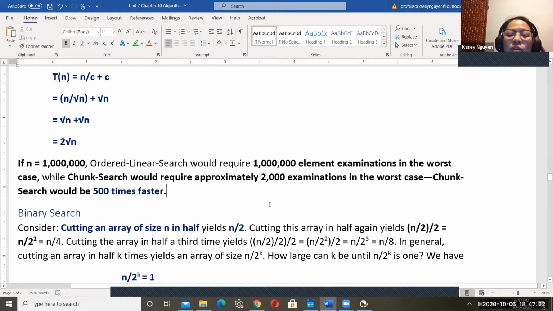If we're talking about 1 nanosecond per examination, we definitely save time going from linear to chunk, which is more efficient. The square root of 1,000,000 is 1,000, and multiplying that by 2 gives 2,000 examinations for the jump or chunk search. That's 500 times faster than a linear search, which in the worst case iterates through every single element.